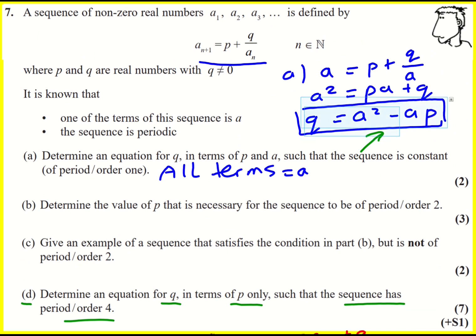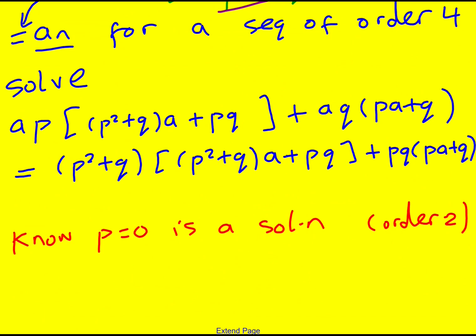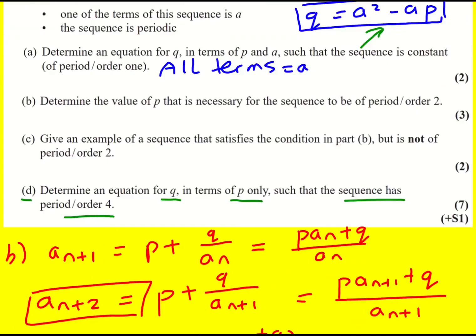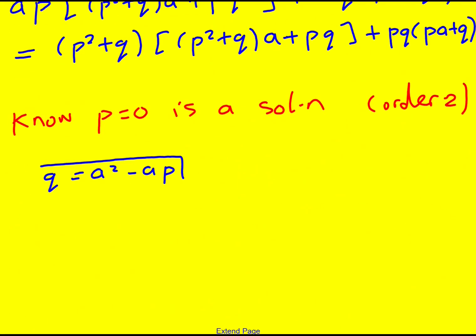That was for order 1. I think I missed, was that everything? Yeah, okay. So that means that we're potentially looking to factorize p out, but also this expression here.